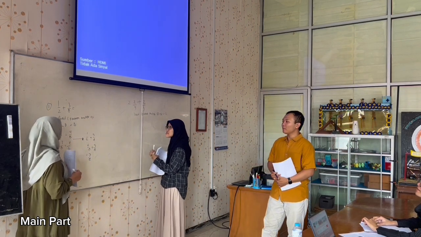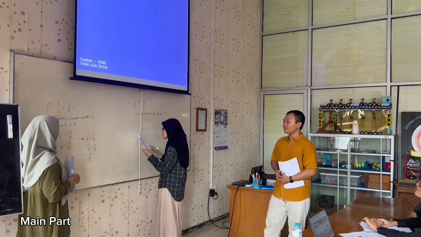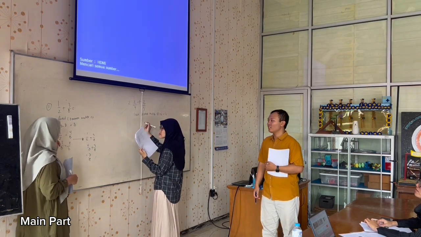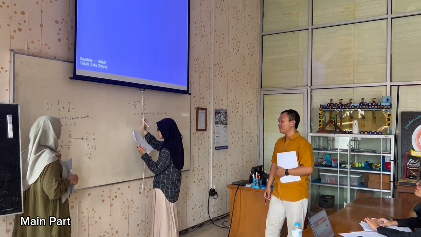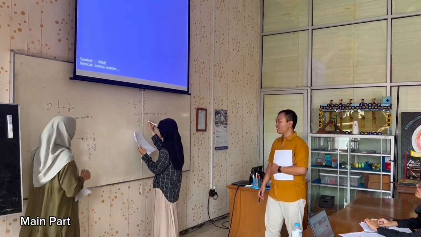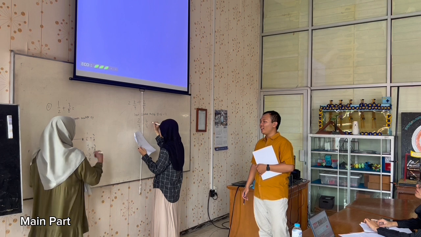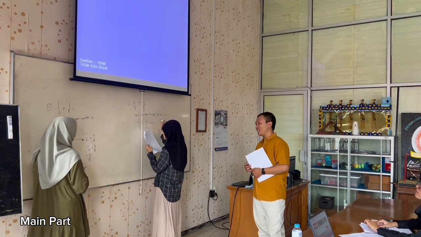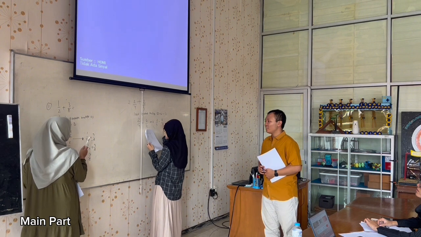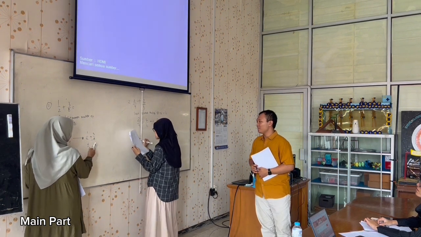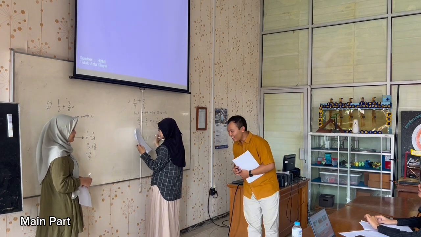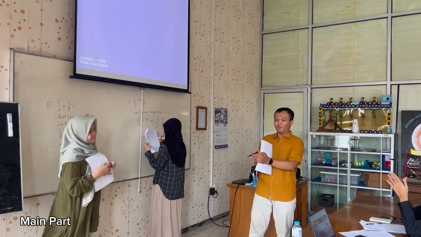And then we can change the first fraction 1 over 2 to be 4 over 8. And for the second, 3 over 8 is 3 over 8. Then we add the fractions: 1 over 2 plus 3 over 8 is 4 over 8 plus 3 over 8. So the result is 7 over 8. Is it correct? Yeah, that's correct. Give applause.